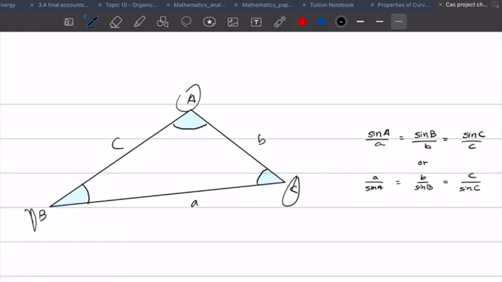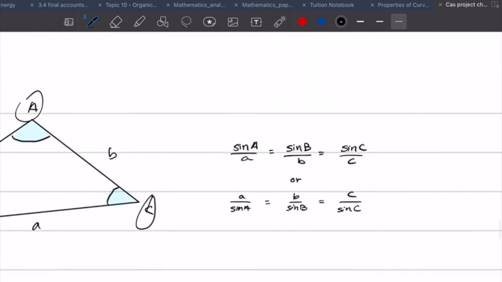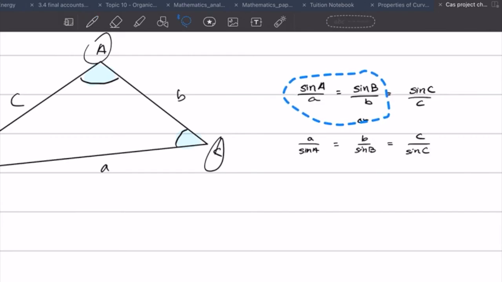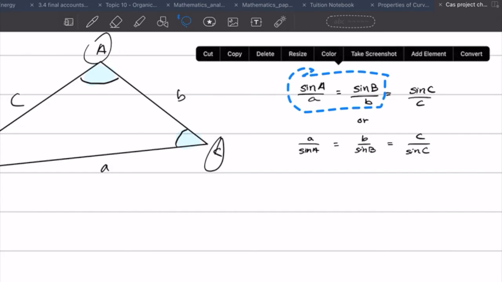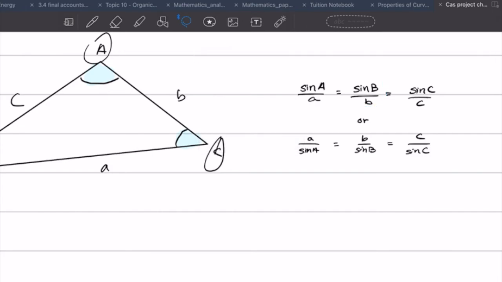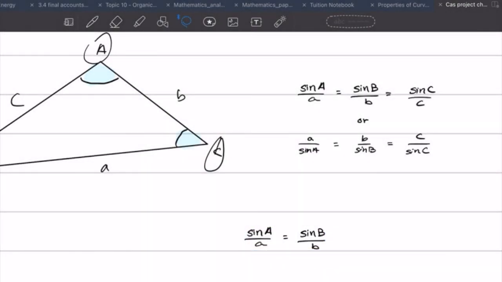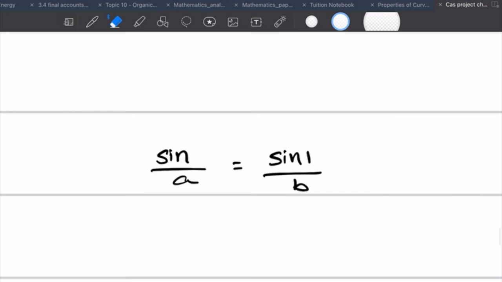Now, to actually solve a sine rule question, if you're using sine B over b equals sine A over a, a question might be something like this: let's say they give you one of the angles as 11, and the side is 7 centimeters, and you're given b, the side opposite to angle B, as 17.